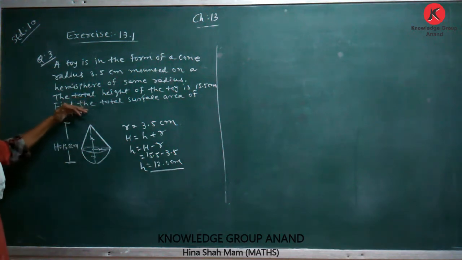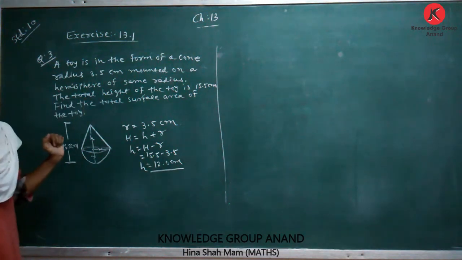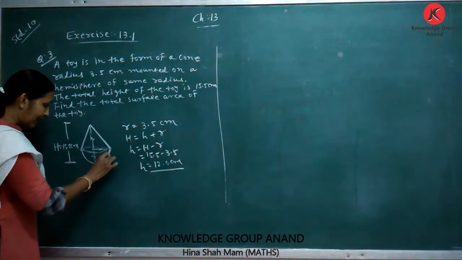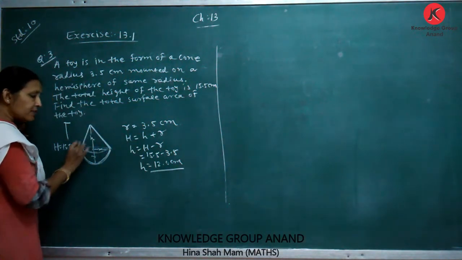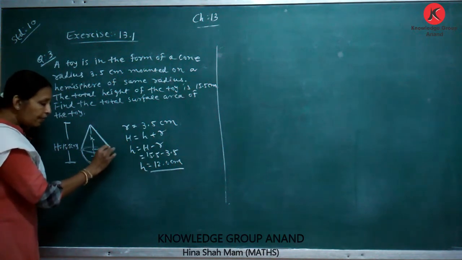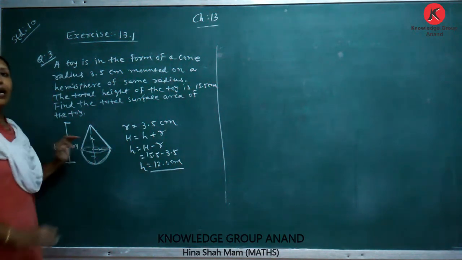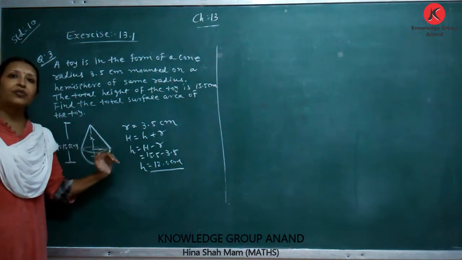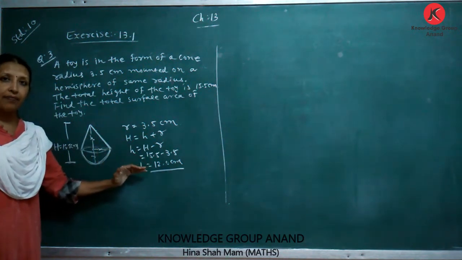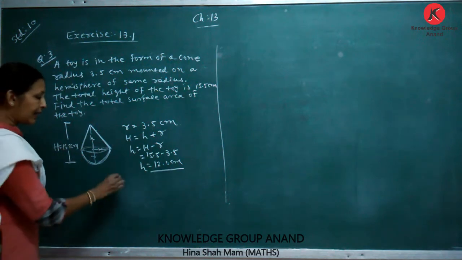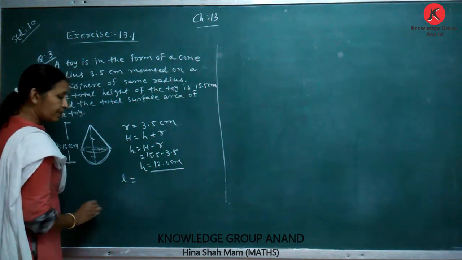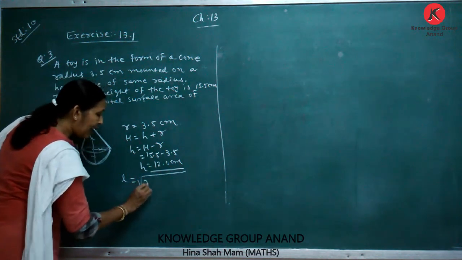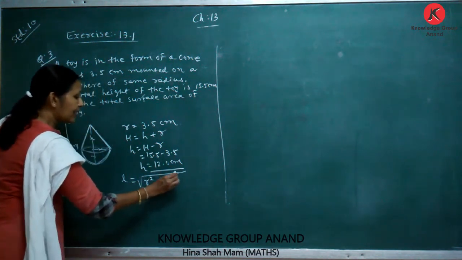Height of the toy. Now find the total surface area. We know the total surface area is the curved surface area of cone plus curved surface area of hemisphere. The curved surface area of cone is pi r l. We want L, and L is equal to under root r square plus h square.